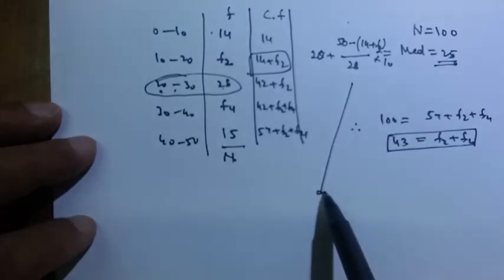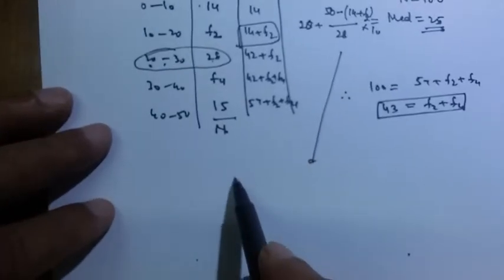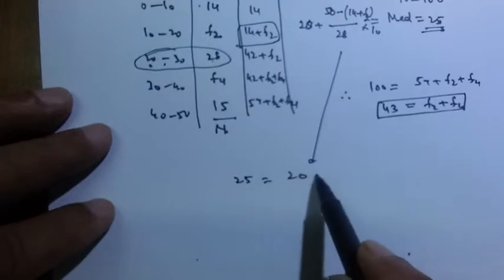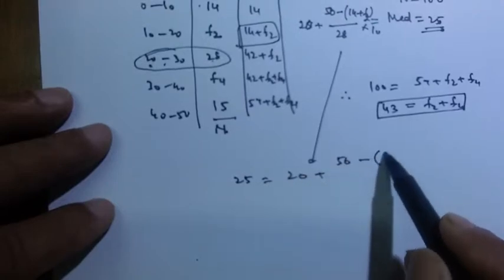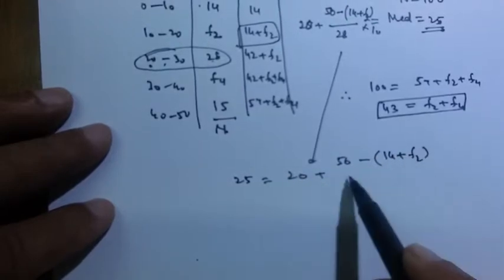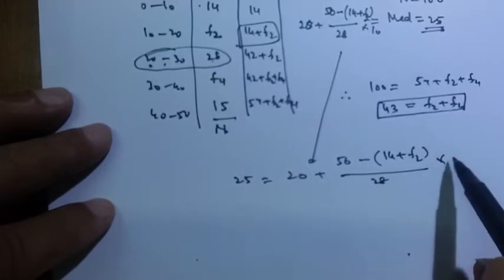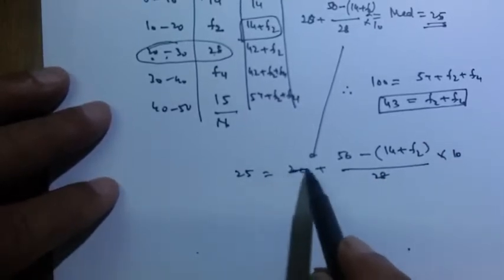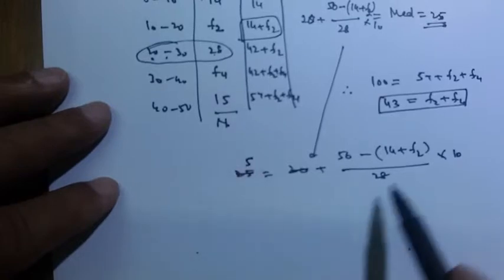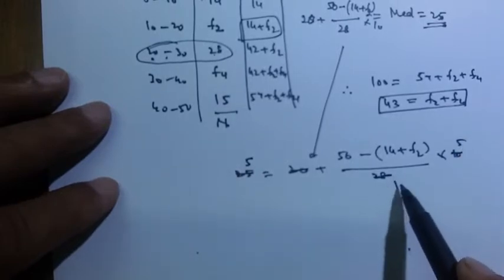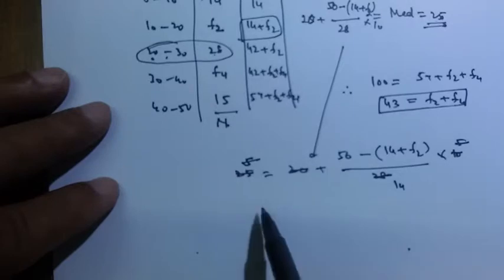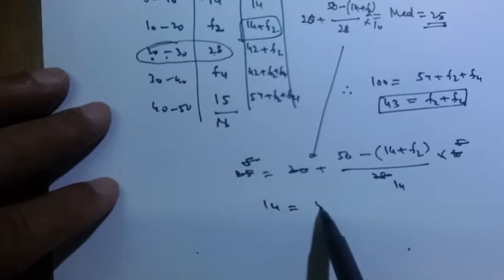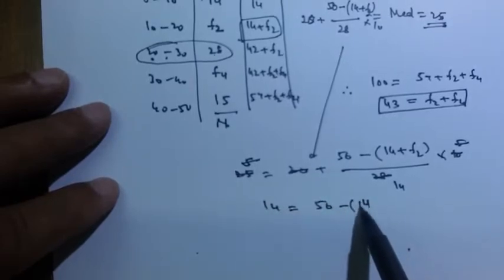Now I'll simplify. I get median 25 is equal to 20 plus 50, that is n by 2, minus the cumulative frequency of the previous class, divided by 28, into 10. Let me simplify. 20 goes to this side, so it is equal to 5. 5 goes with the 5, and 14 is equal to 50 minus 14 plus F2.